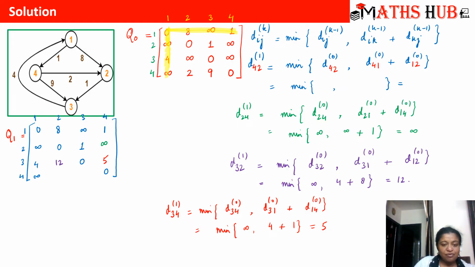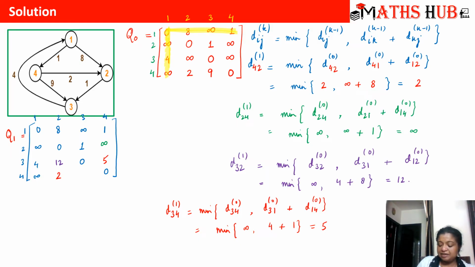So how much is D42? D42 is 2. D41 is infinity plus D12. D12 is 8. So infinity plus 8 will be infinity. So the minimum of 2 and infinity is 2. You can see that the entry remains the same, 2 over here.